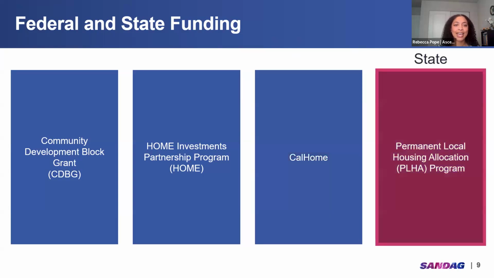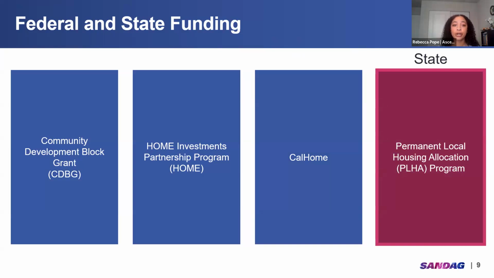Next slide. The Permanent Local Housing Allocation program, or PLHA, is another state-administered program which provides funding to local governments for housing-related projects and programs that assist in meeting unmet needs. Under PLHA, both entitlement and non-entitlement communities are eligible.